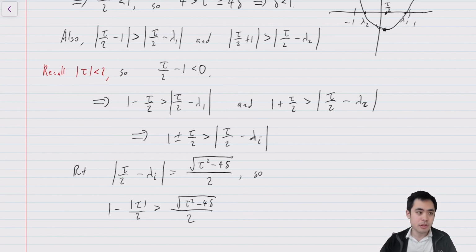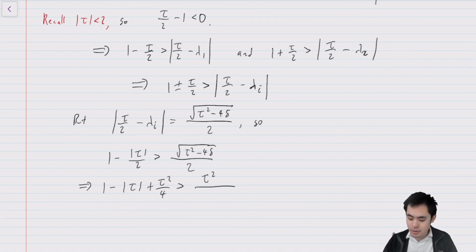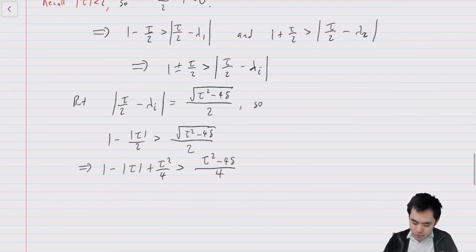And with a little bit of manipulation, if we square both sides, 1 - |τ| + τ²/4 is greater than (τ² - 4δ)/4, which implies that 1 - |τ| is greater than -δ.